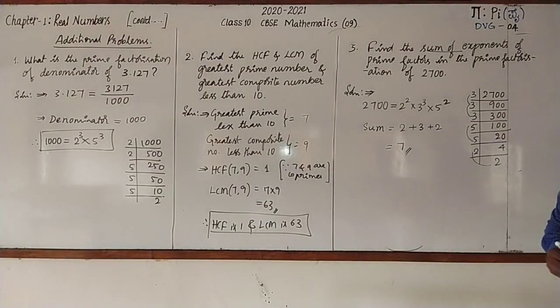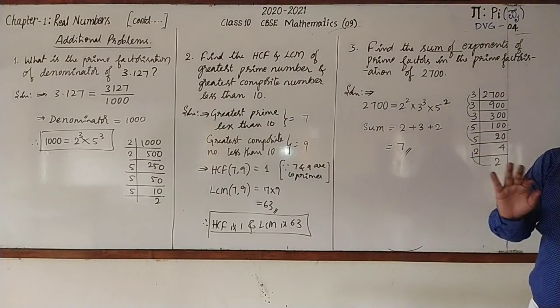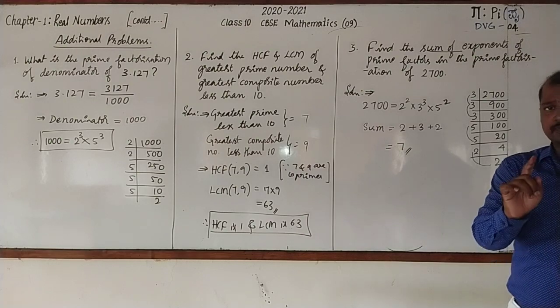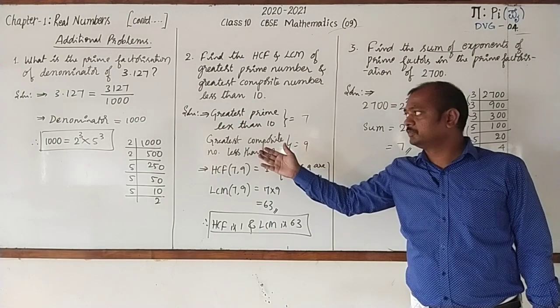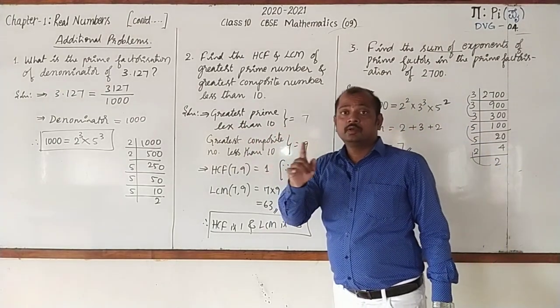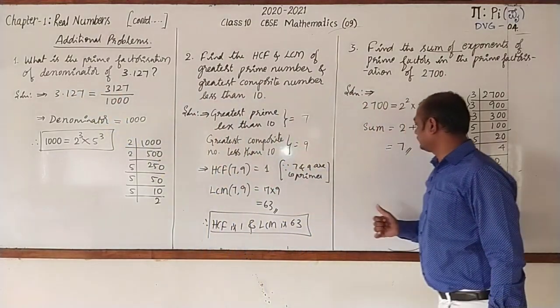Therefore, the sum is 7. Clear? All the 3 problems are important and each will be asked for 1 mark. You have to practice them. Now, pause the video and copy from there to here. Copy.